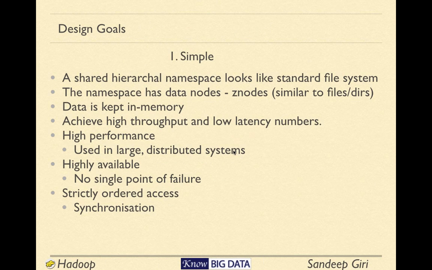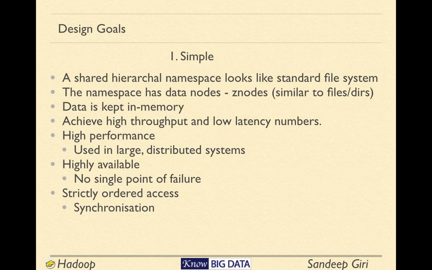Now, it provides you a shared hierarchy space like a file system. So for all the systems who want to coordinate with each other, they will look at Zookeeper as if Zookeeper is just a file system, and they will keep on writing to this file system and reading from this file system. There are a few differences from a hierarchical namespace like a file system.